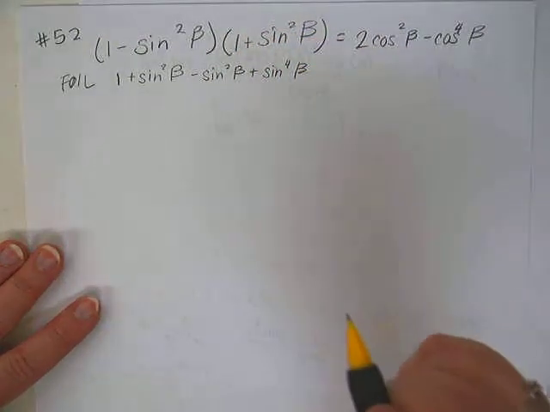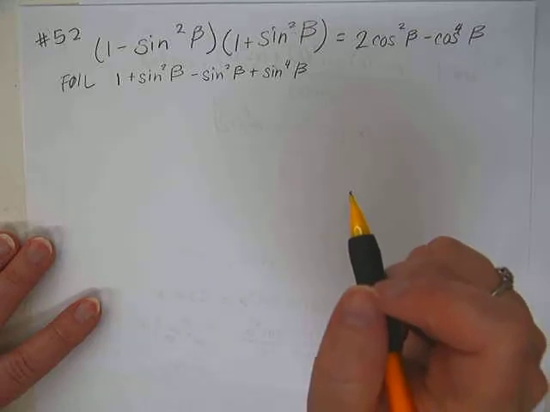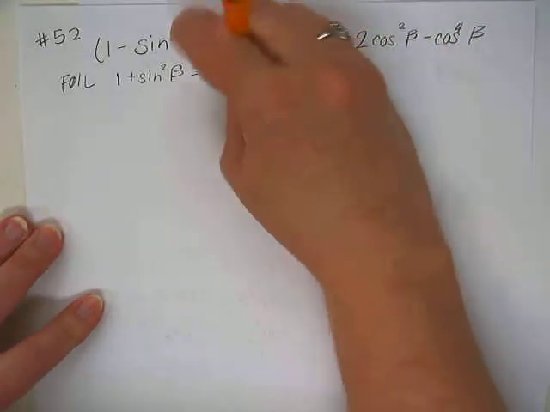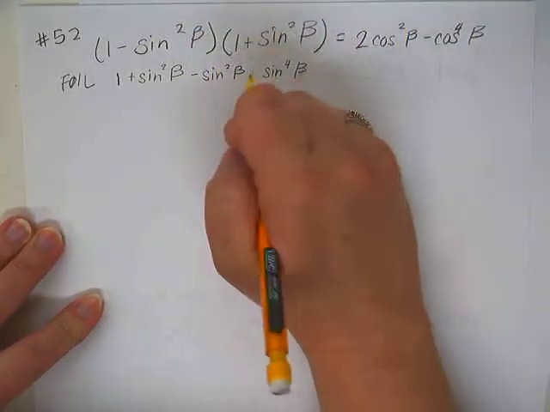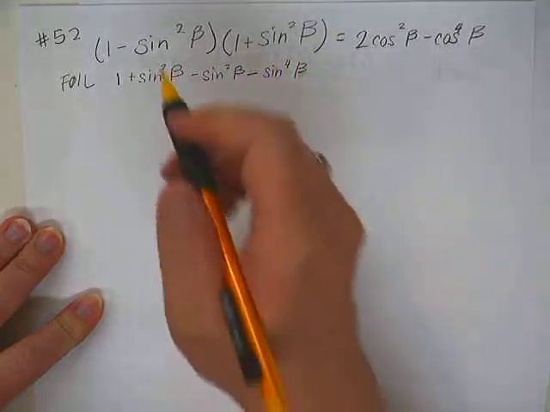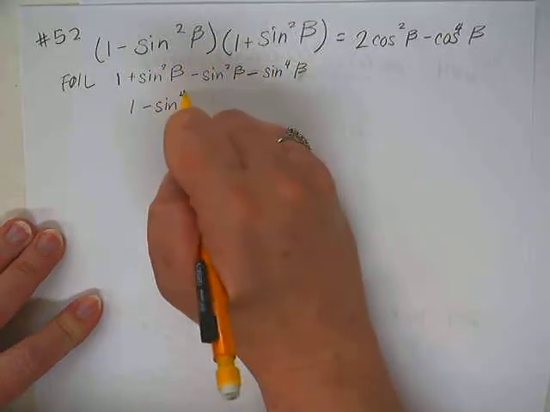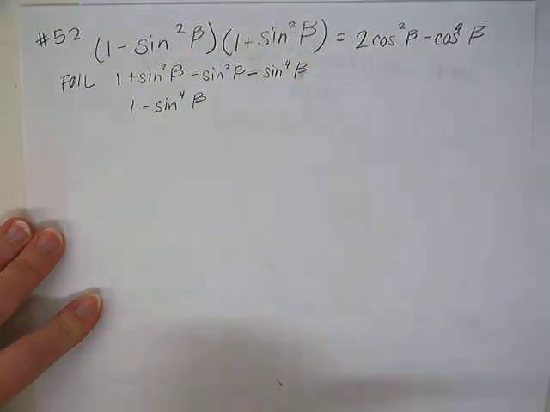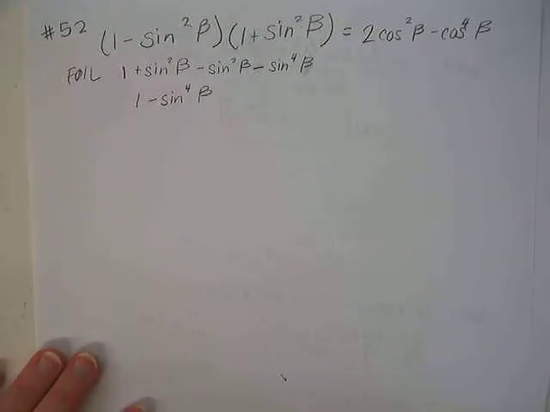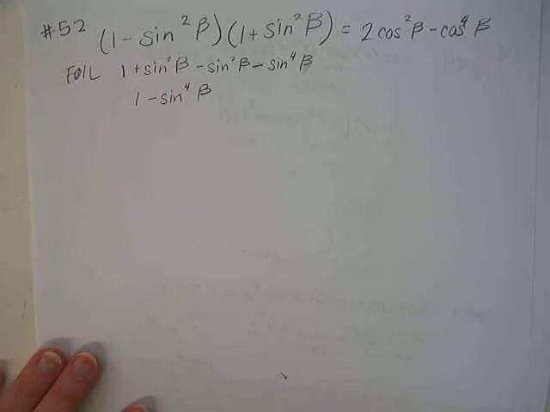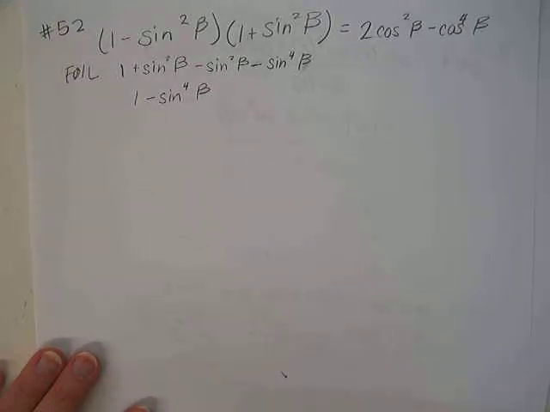And then sine squared beta times sine squared beta is sine to the 4th beta. And then we can combine, it is negative, thank you. And then we can combine like terms. So 1 minus sine to the 4th beta.